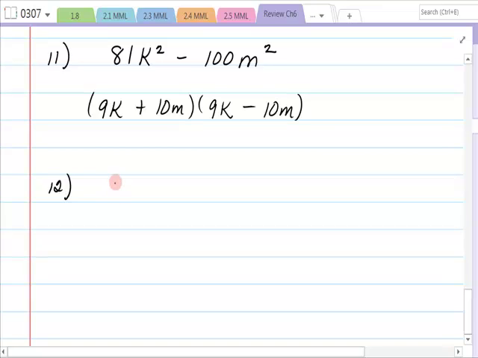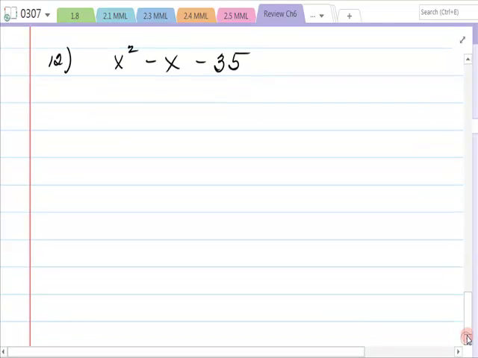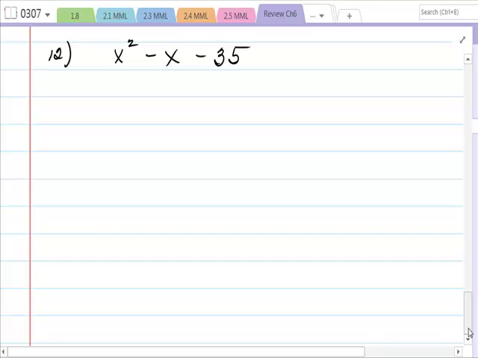Number 12. I have x squared minus x minus 35. Is there a common factor? No common factor. It's a trinomial, so it's trial and error. Tell me about the signs. Plus and minus.